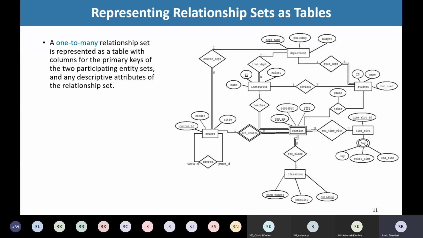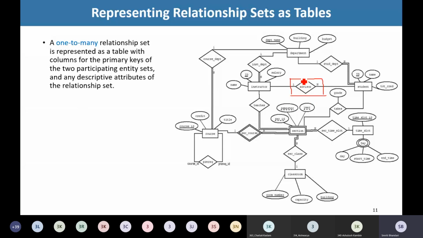Say for example, in this ER model we have the relationship advisor, which is one-to-many from instructor to student and many-to-one from student to instructor.